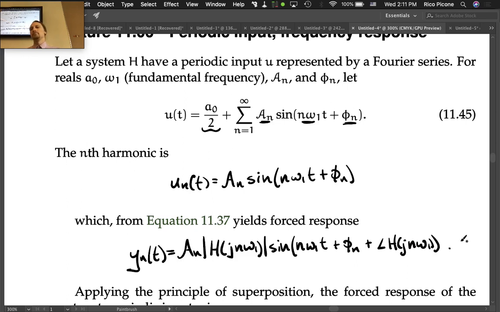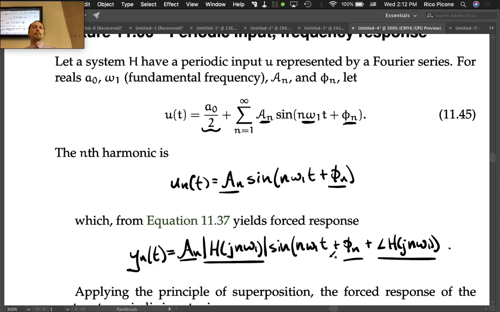Okay? So this is our good old-fashioned put in a sinusoid, get out a sinusoid. There's our input amplitude again, scale it by the magnitude of the frequency response function. And then the phase comes into the output, but we add to it the phase of the frequency response function. Yeah?